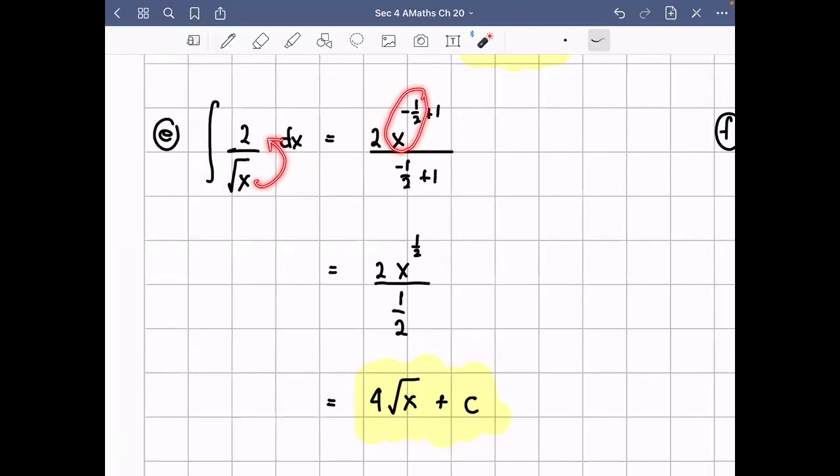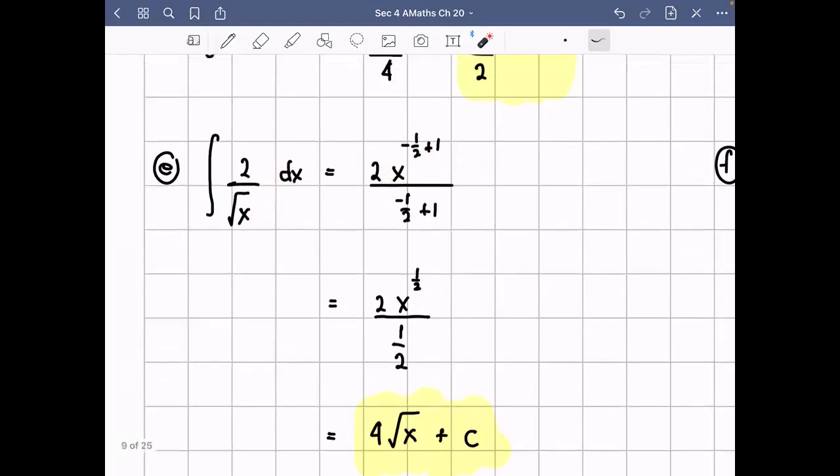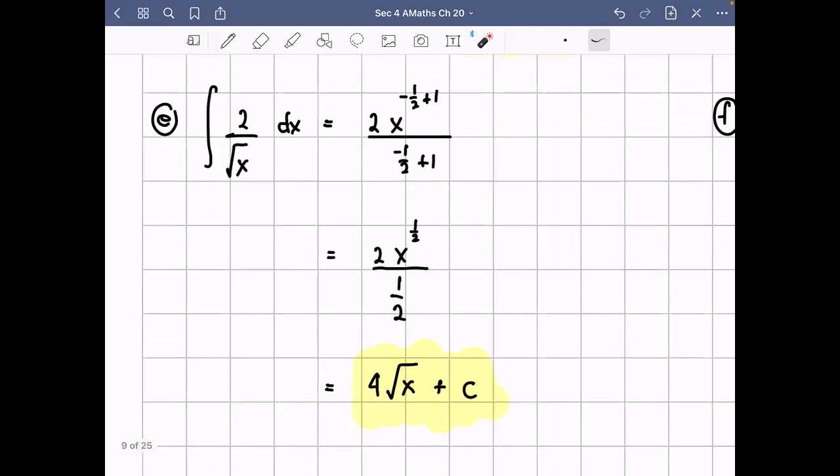And then like the rules said, we add the 1 here. So it becomes negative 1/2 plus 1. That goes with your denominator. It's negative 1/2 plus 1. Let's evaluate this.